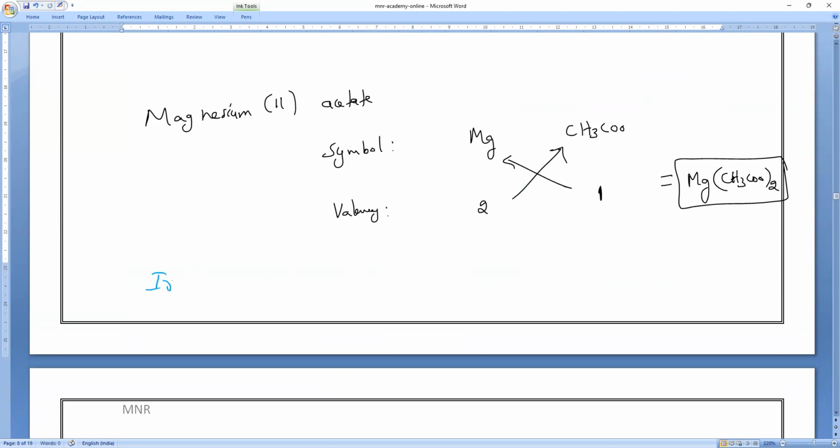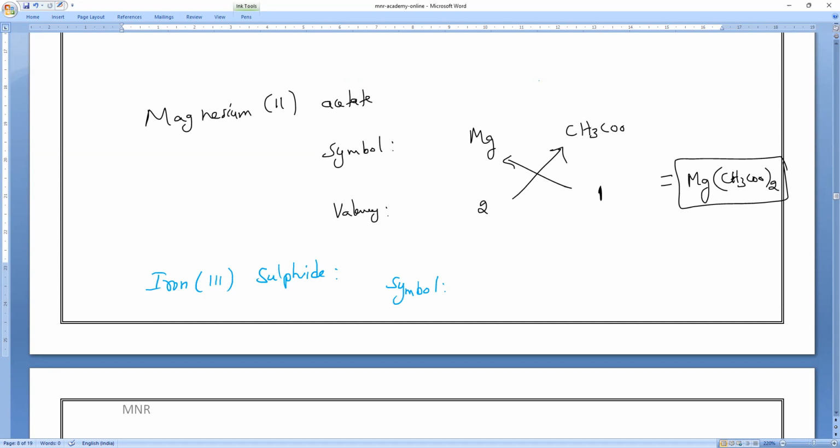Next, iron 3 sulfide. Who will say first? Iron 3 sulfide. If you see the tabular column, you will find the symbols. Iron is Fe. Note that FeS means iron sulfide, but this is iron 3 sulfide.